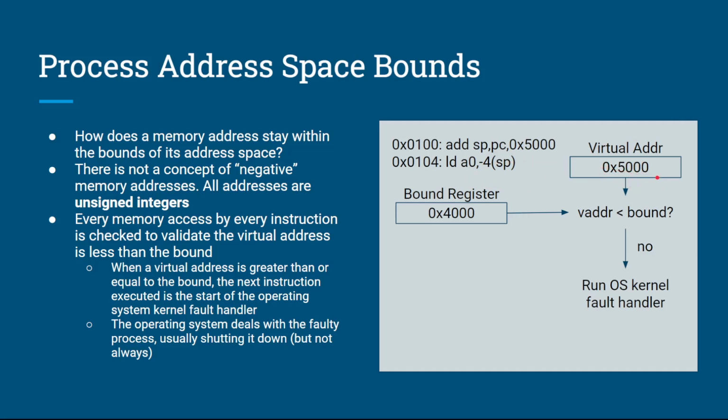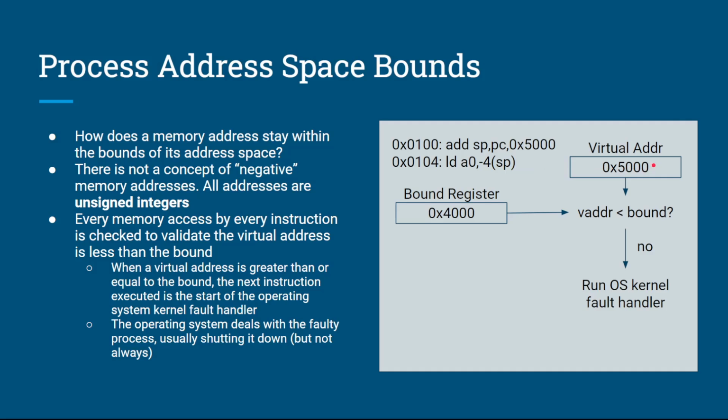But because every address is checked against this bound register, we can make sure it doesn't go past the end by simply doing something whenever this comparison fails. So let's take this example here. I've changed this instruction. Instead of starting at 100, it's starting at 5,000, and it's trying to load memory from 5,000, past the address space.